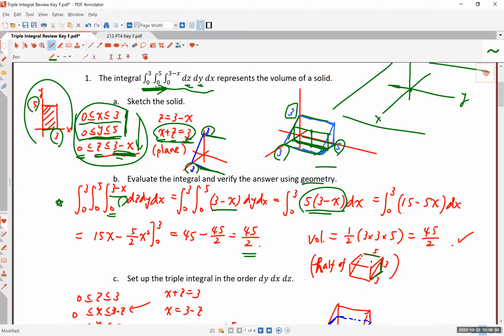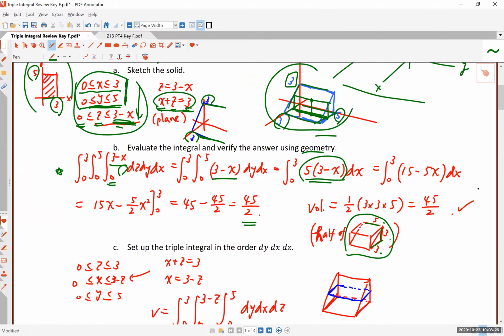Okay, so that's the way you think about this. If you had two of these solids, you can put them together, just like this picture, right? And this would be a rectangular box 3 by 3 by 5. And of course, the volume of this rectangular box would be the product of these numbers, which is 45. And so half of that, which is the prism volume, must be 45 over 2.